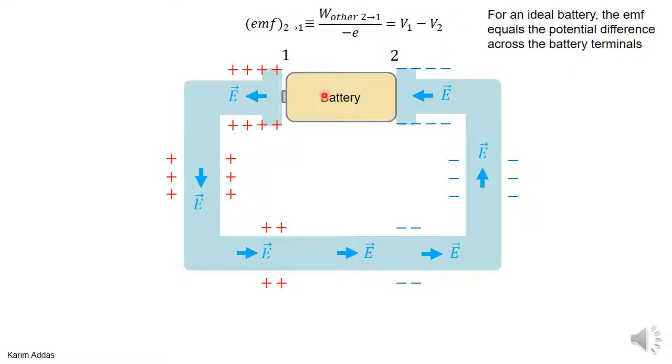This is what you can write down for the battery. This is the positive terminal of the battery. This is the negative terminal of the battery. The EMF to go from 2 to 1 is just the opposite of that. It's V1 minus V2. I just multiplied both sides by minus 1. So the EMF to go from 2 to 1 is V1 minus V2. It's a positive number. It's the potential here minus the potential here.